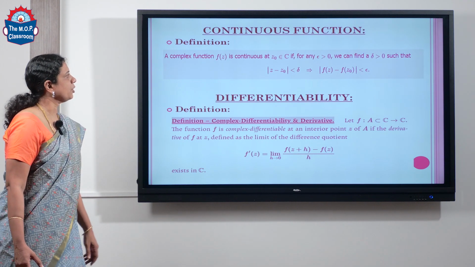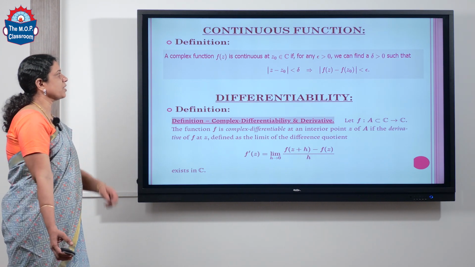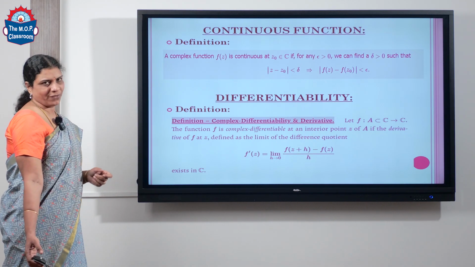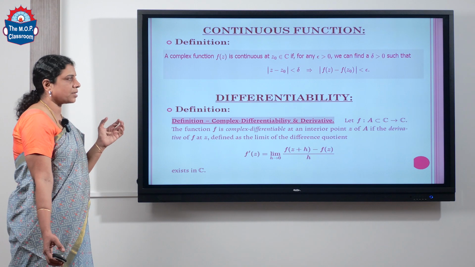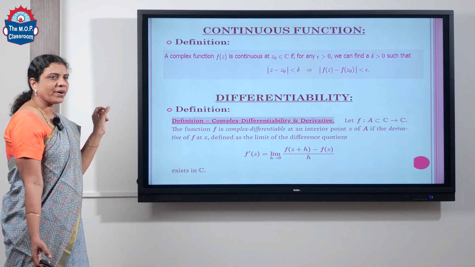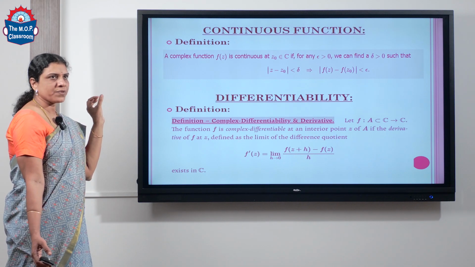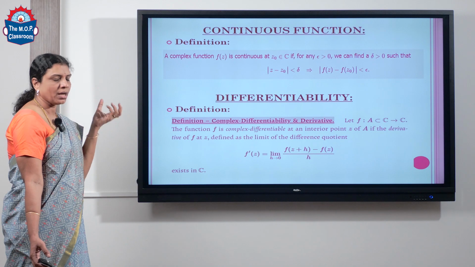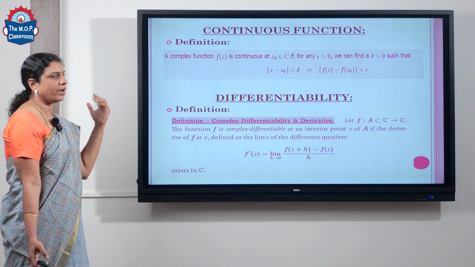Next comes continuity. What is the difference between the limit and continuity? The continuous function has the limit and it is also defined at the point. So limit z tends to z naught of f of z should be equal to f of z naught.